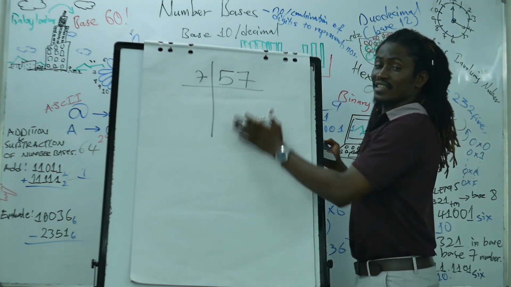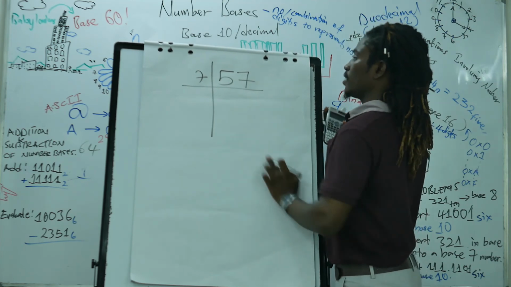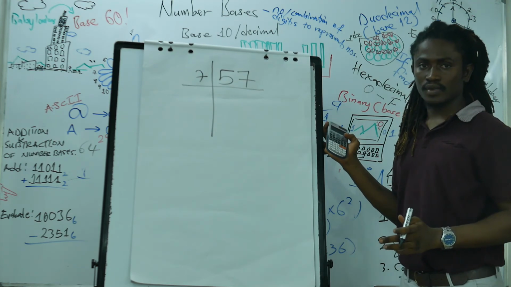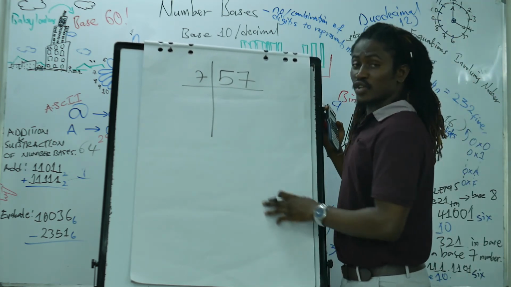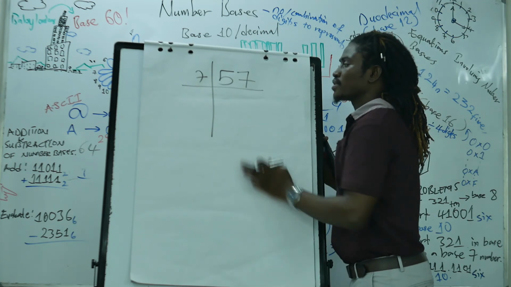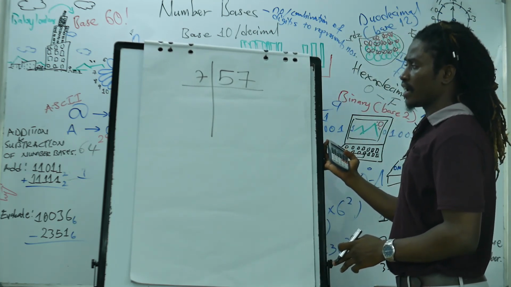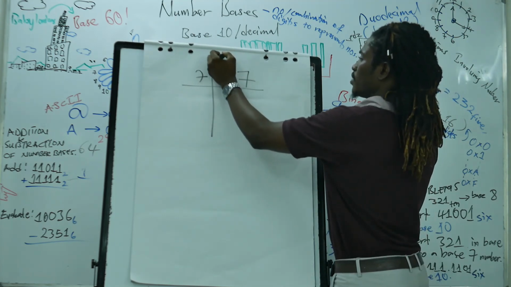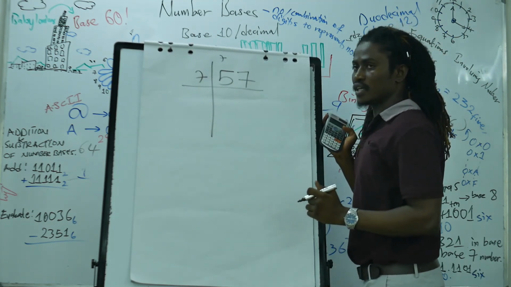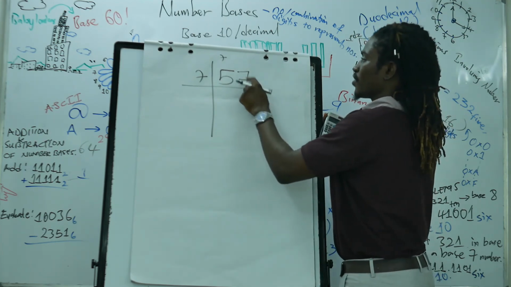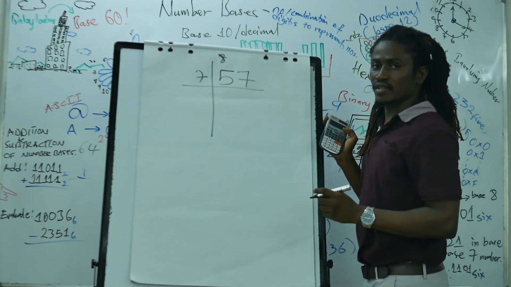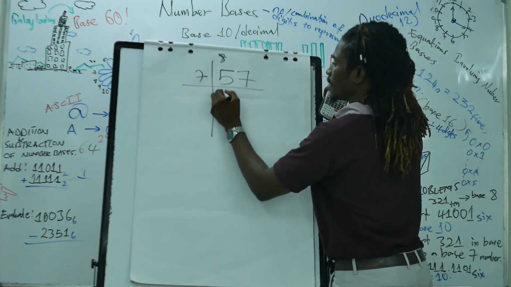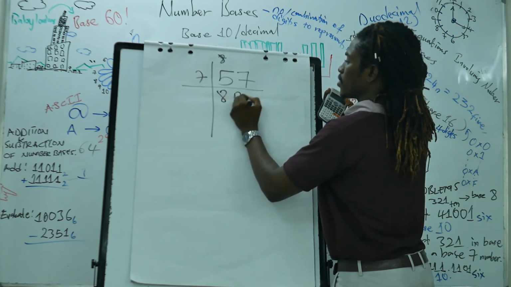So we're dividing by 7 because that's the base we're interested in. How many times does 7 go into 57? Your multiplication tables help here. 7 times 7 is 49, right? So we have 7 sevens in 57. But then we also have another one, so it's 8 sevens. Right? So 7 times 8, 56, and then remainder 1. So we have 8 remainder 1.